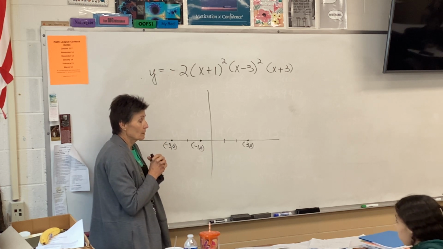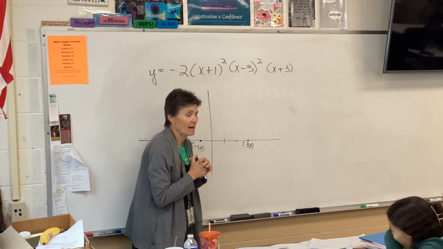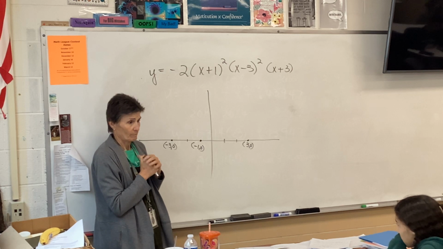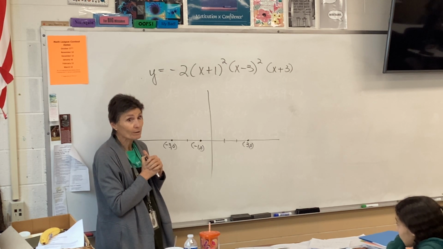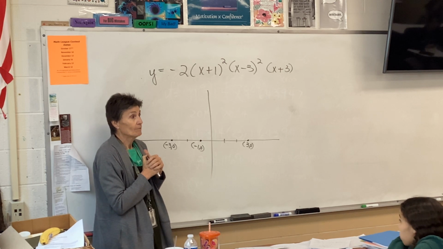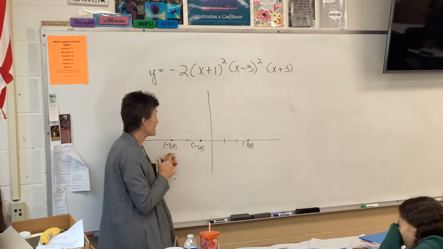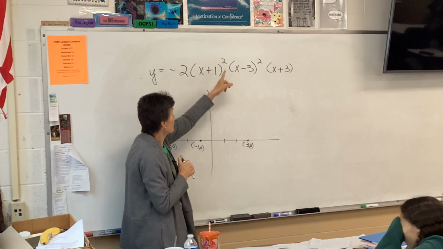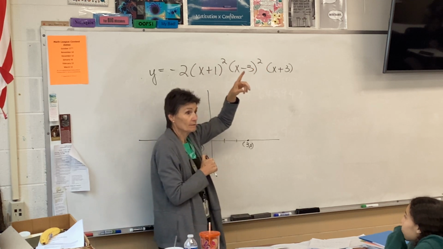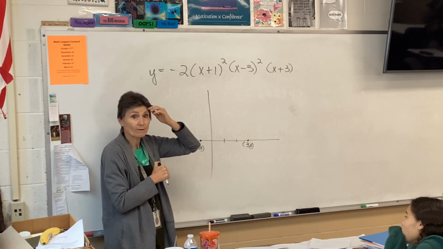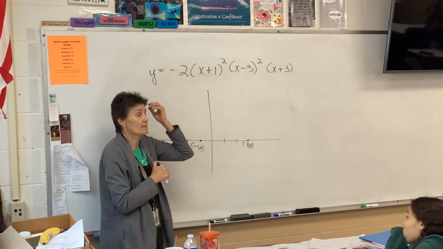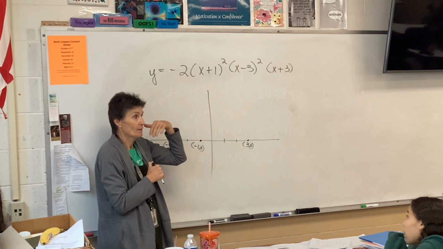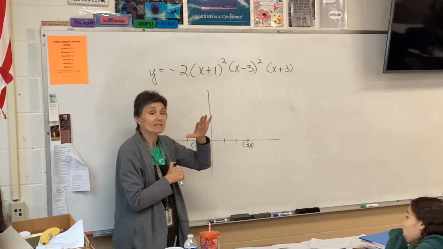Now, what's the next thing I have to think about? How many x's there are? 3. 5. Now I know there's 3 dots, but some of those dots are actually used twice. They're squared. So how many x's are there actually in this problem? 5. 5 is an odd number.